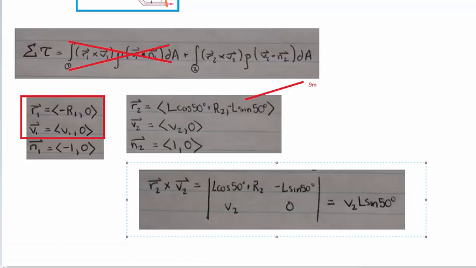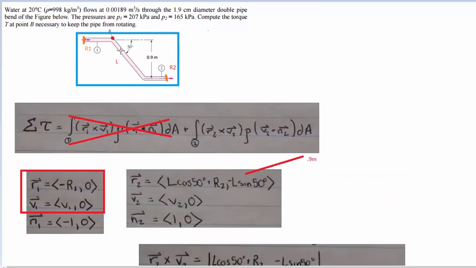It's not so important. And one other thing we need to worry about is that we actually have to identify the torques in the system. We're told that there's a pressure P1 at the inlet and P2 at the outlet, and they're not gauged. So we have to worry about these pressures exerting torques on the system.